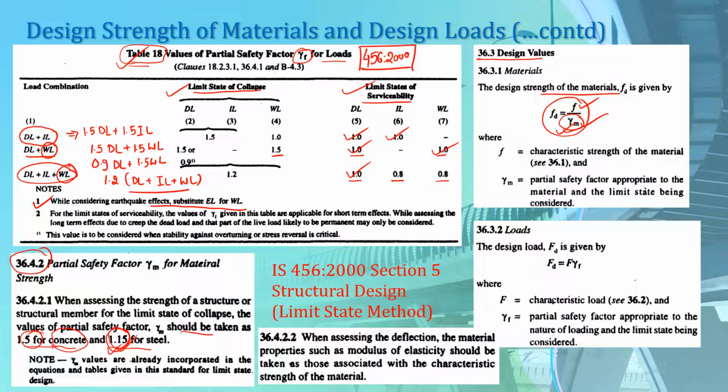We collect all the required ingredients and then prepare concrete at the site, so there may be greater variability in the manufacture of concrete. So concrete has a higher partial safety factor. Similarly, as we talked about before, the design load is given by the product of characteristic load and the partial safety factor. So this is about the design strength of materials and design loads.